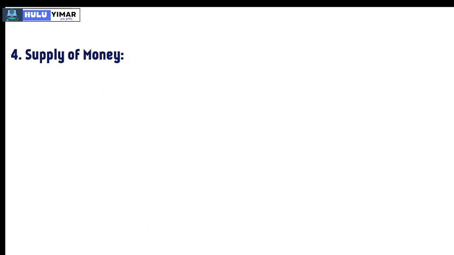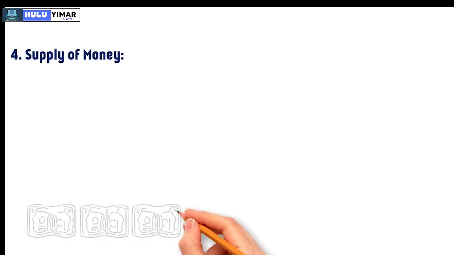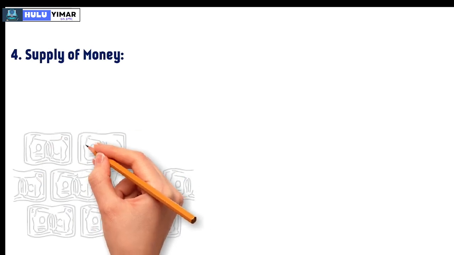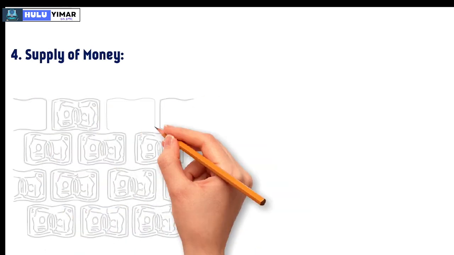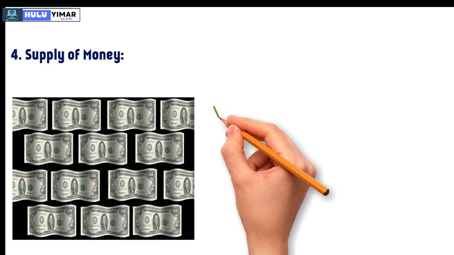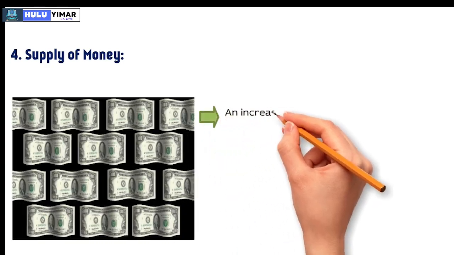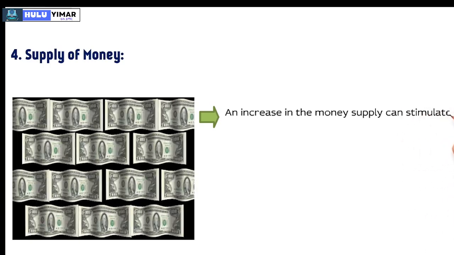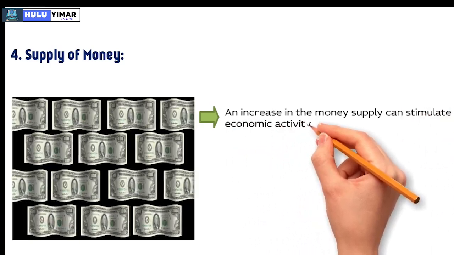So the amount of money circulating in the economy affects spending and investment as well. Let's say an increase in the money supply can stimulate economic activity, but we have to mention that an excessive injection of money into the market can also lead to inflation.